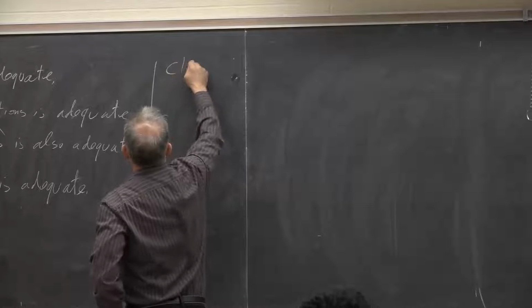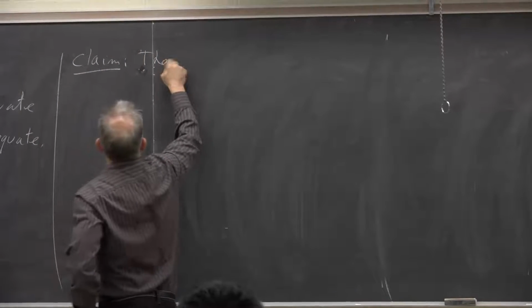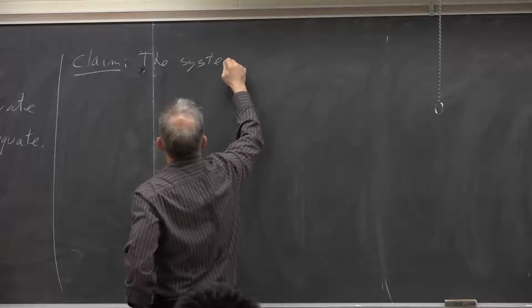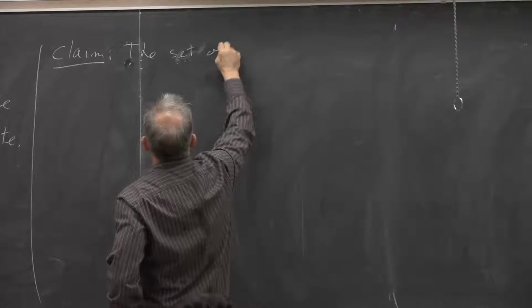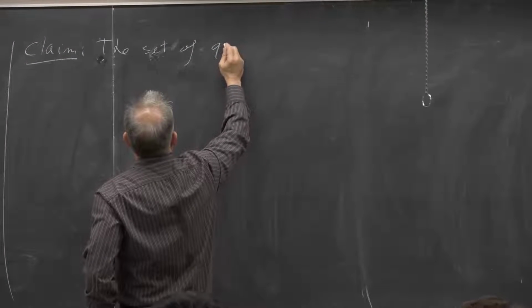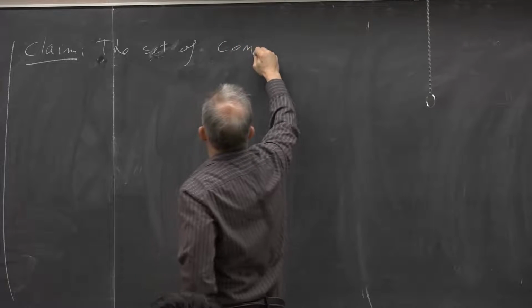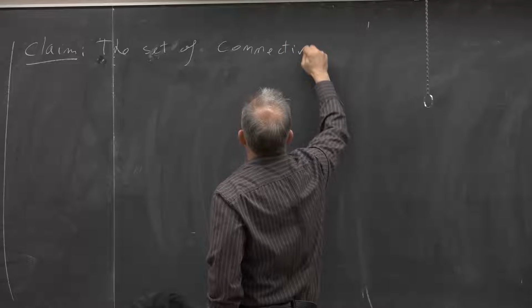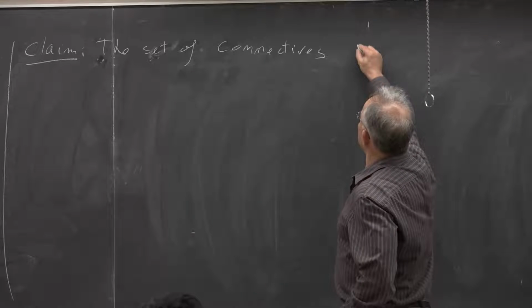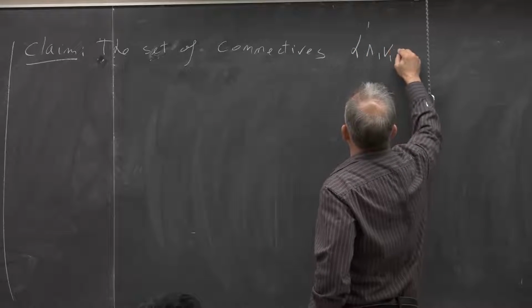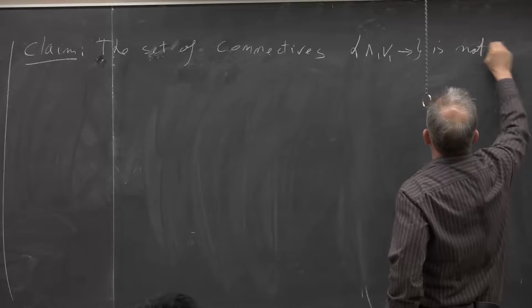So I have here a claim that the system, or the set of connectives that contains and or an error, is not adequate.